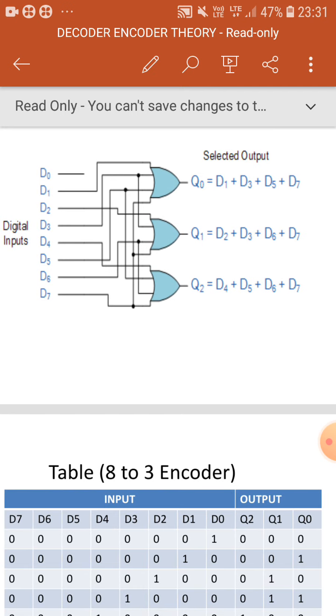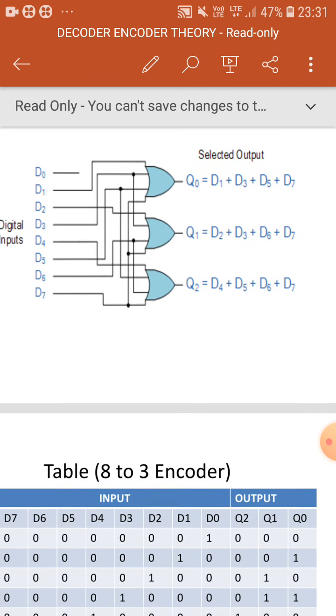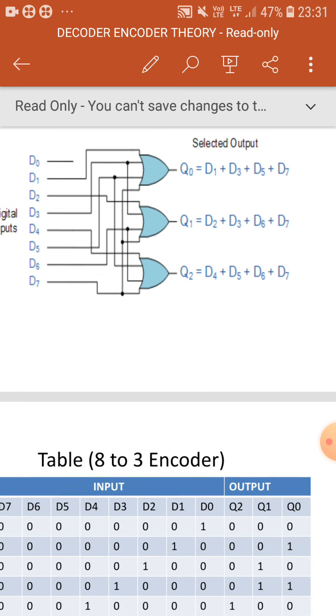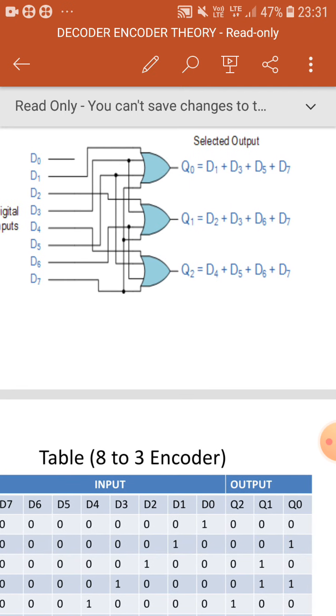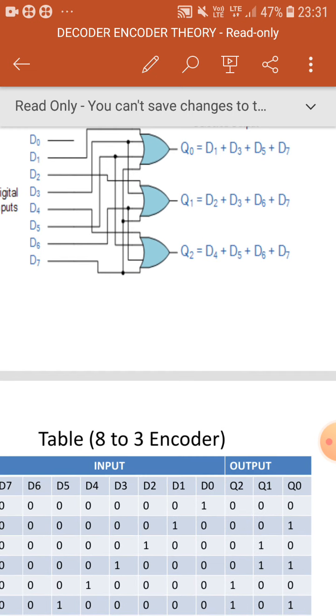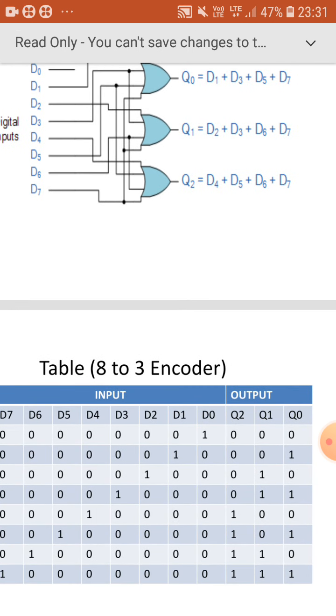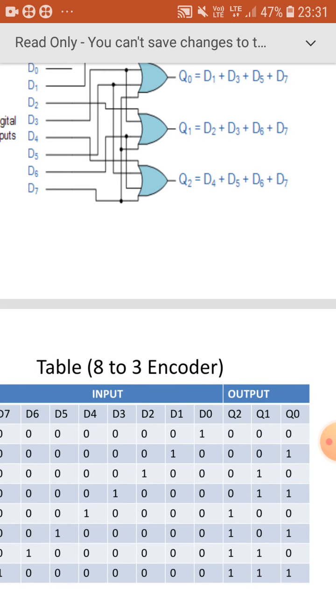D1 is connected to only the first OR gate. So Q0 is equal to 1. So you will get 1 at the output Q0. Q1 is equal to 0, Q2 is equal to 0. So if D1 is equal to 1, the output will be 0 0 1.